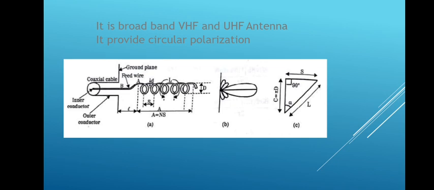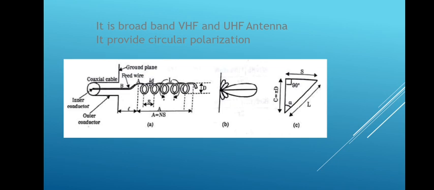The small loop antenna has a lot of drawbacks, because it has poor efficiency. The radiation resistance of the small loop antenna is very small, and the loss resistance is more. When considering antenna efficiency, the radiation resistance and loss resistance are both very important, because the efficiency of the antenna depends completely on the radiation resistance.